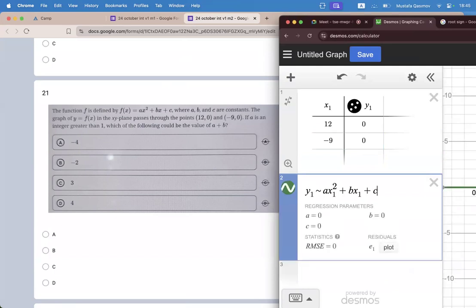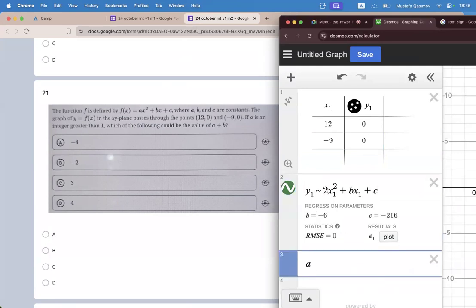You can see that it gives us 0, 0, 0. It is not correct. Because a is greater than 1, let's write 2 instead of a. Then let's write a plus b. I mean, a is 2. So the answer is negative 4. Okay.